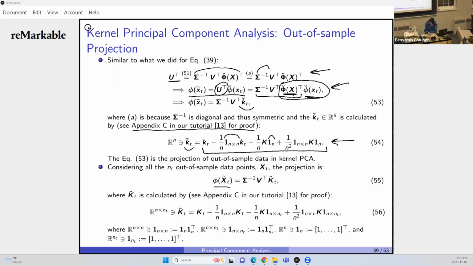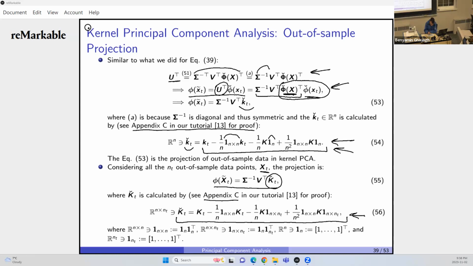Also, if we have several test data points, capital XT, then in this case KT breve becomes a matrix. So this was the vector form, and this is the matrix form.